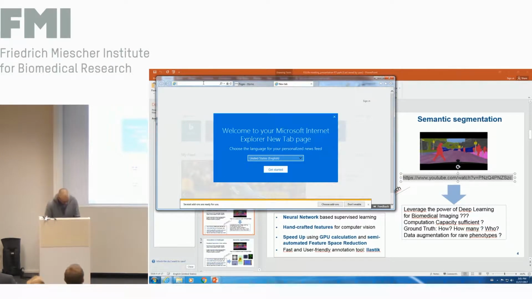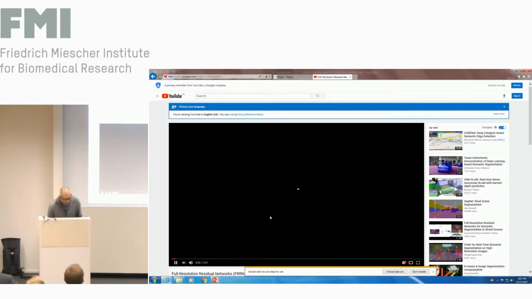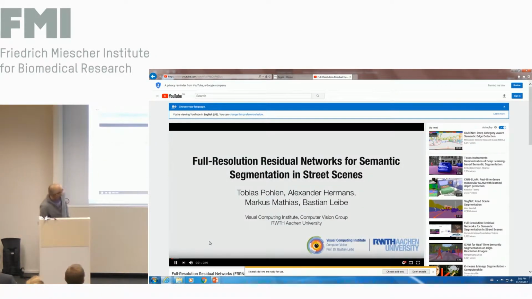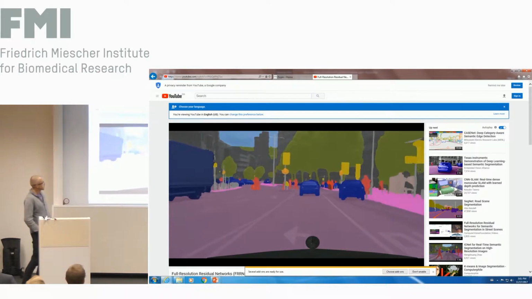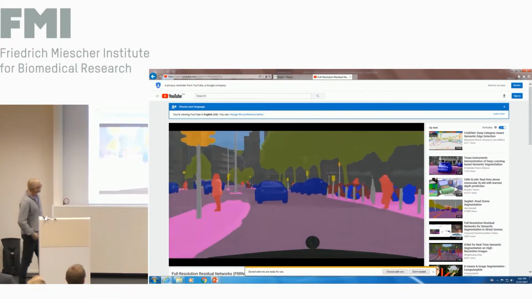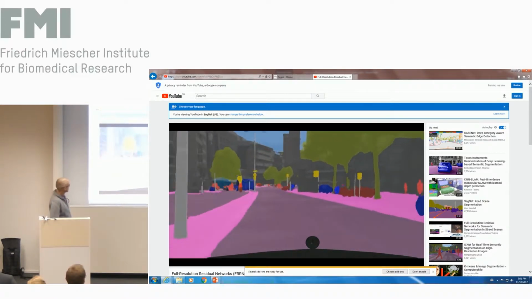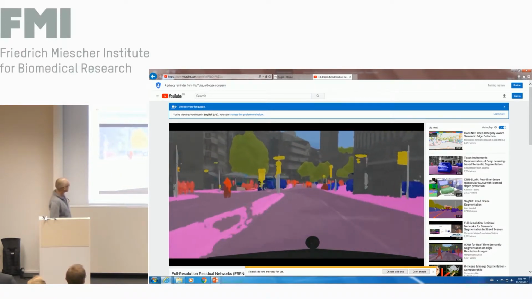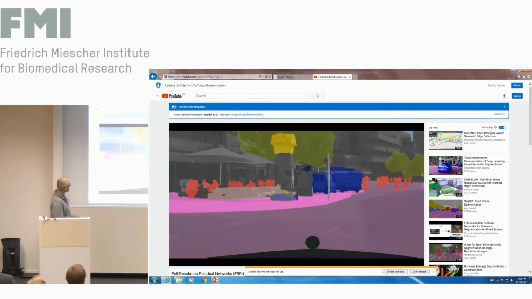I wanted just to show you what these people do here. So here it's about full resolution, so images with high resolution and recursive networks. So you can see here, for instance, that you have a very accurate segmentation, very sharp. You see a certain level of abstraction already in this image, because you have different types of layers.